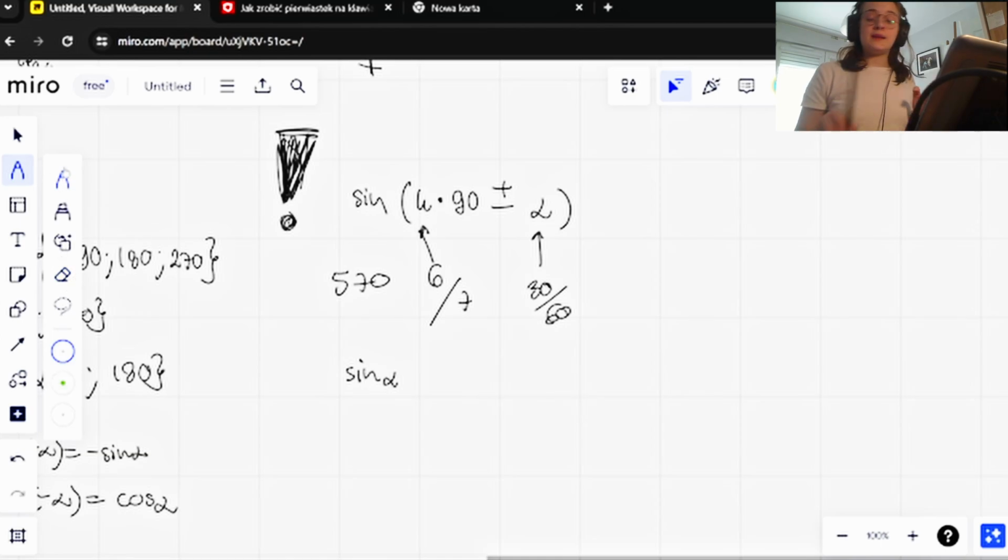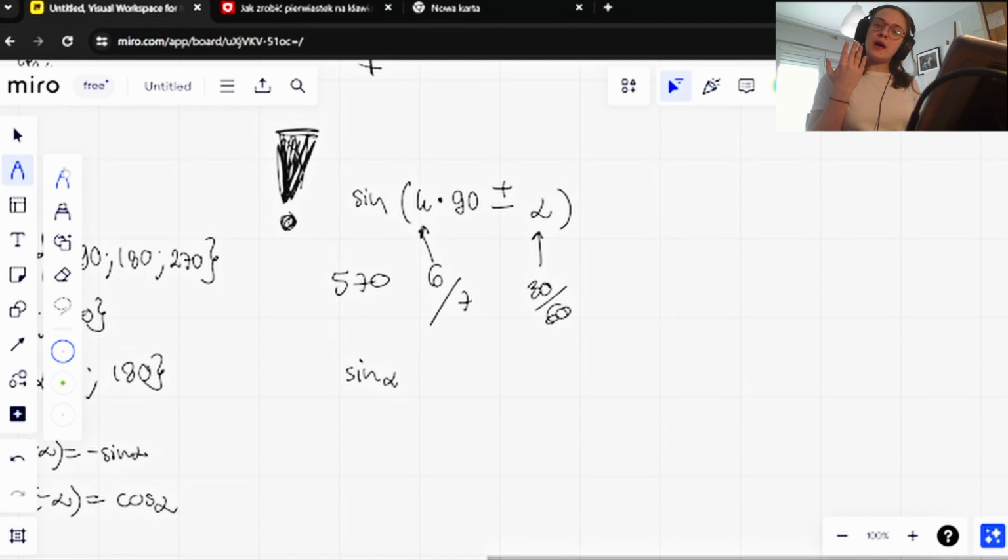Okay, and here's a tip: if you have bigger numbers than 360, you need to know where each quarter starts and ends. The first is 0 to 90, the second 90 to 180, the third 180 to 270, and the fourth 270 to 360.